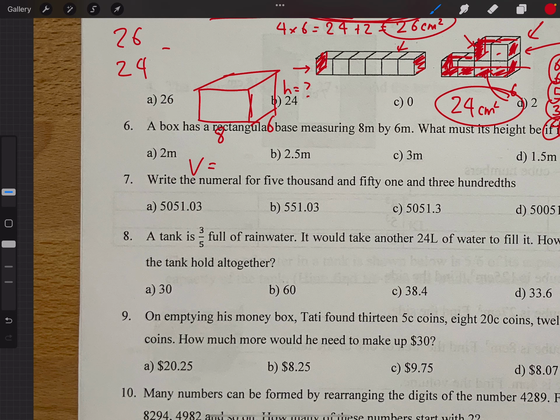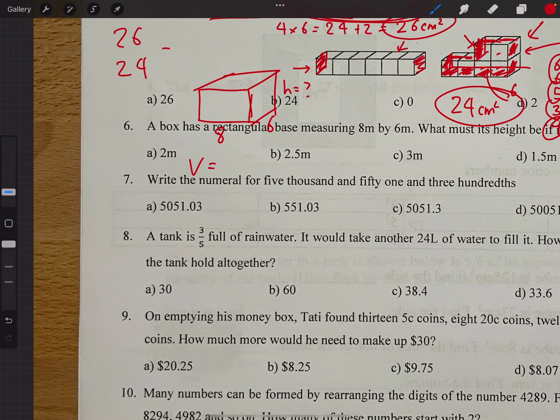So that means this 24 liters, remember, if this is 3/5, what's this part? This is 2/5. So 2/5 of the tank is going to equal 24 liters, because that's how much it takes to fill it up. Using this information, the question is how many liters of water could the tank hold altogether? Let's find out.